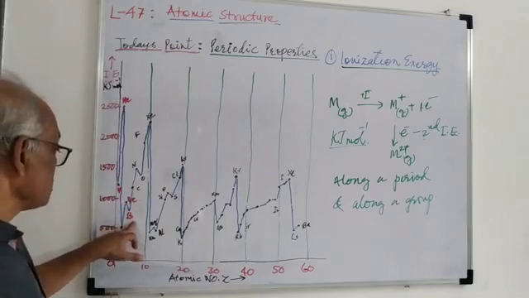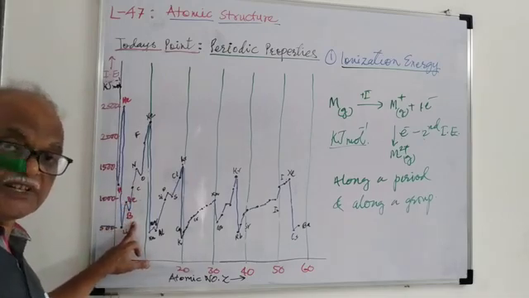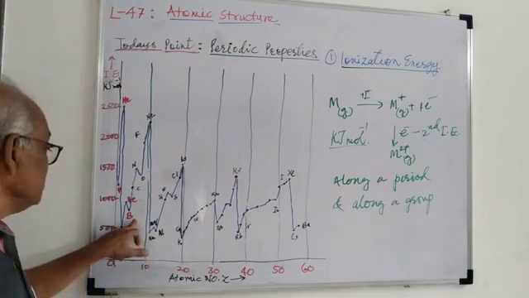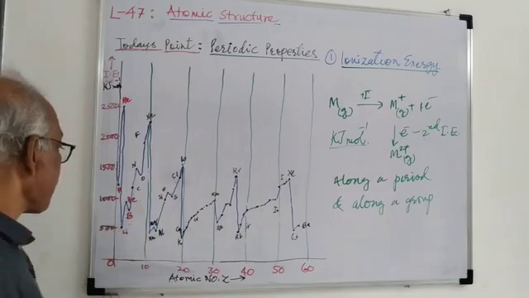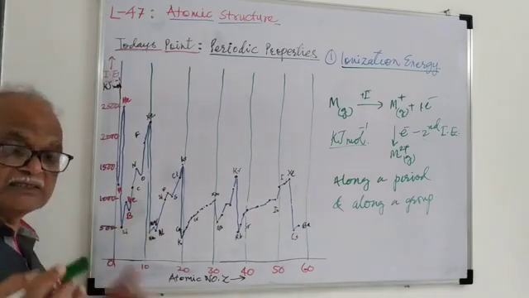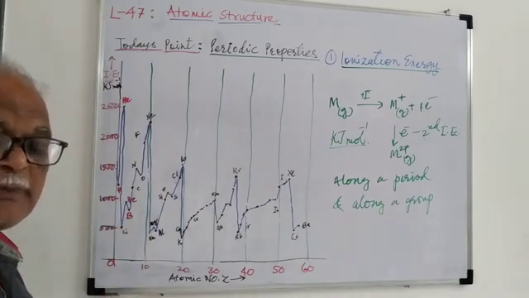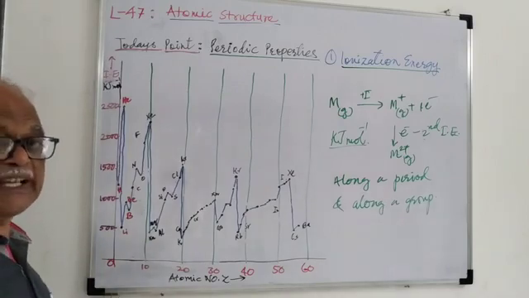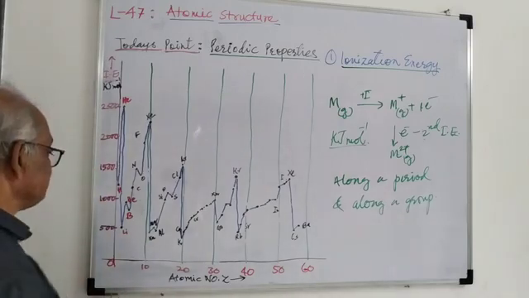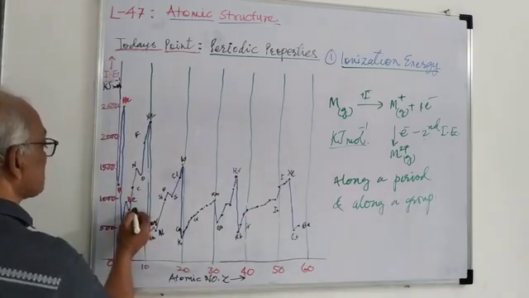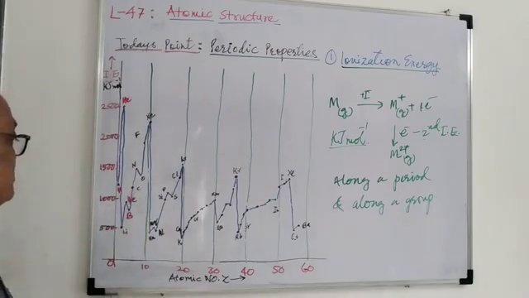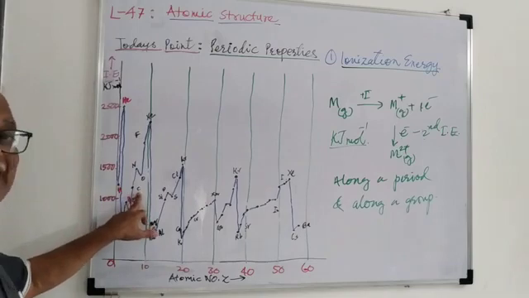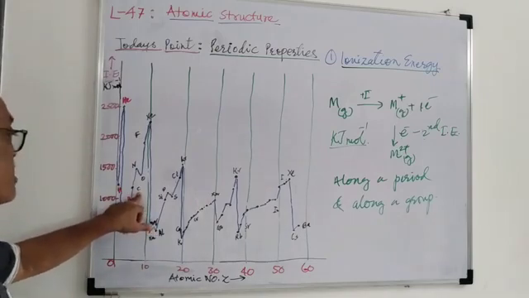But again, if you go to boron, the ionization energy decreases because the electron goes into the 2p subshell, and 2p is slightly farther from the 2s orbital, so the energy decreases. Again, from boron to carbon there is an increase in ionization energy because the electron is added in the same 2p orbital.